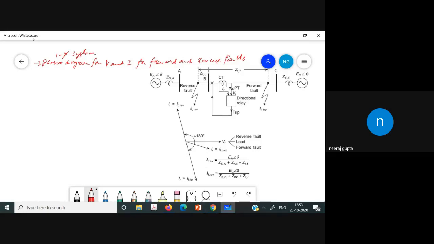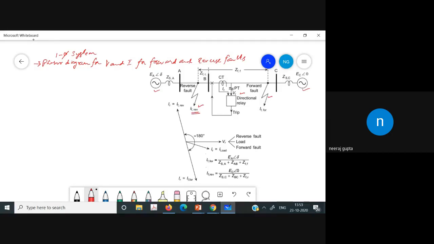Now you will see it's a doubly fed system, that is EA and EC. The two generators are there, and then we have the transmission line in that. And we will have the directional relay, which is used here. If the directional relay is installed here, then it can see one side as a forward fault, and the other as a reverse fault.